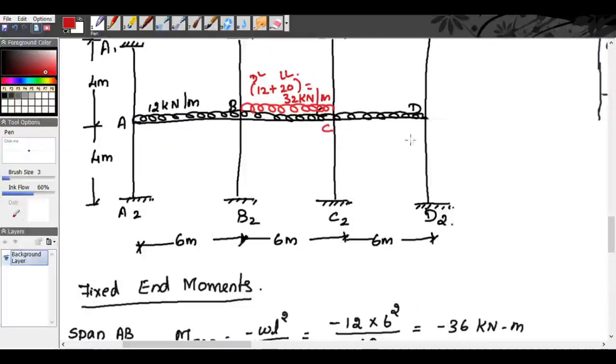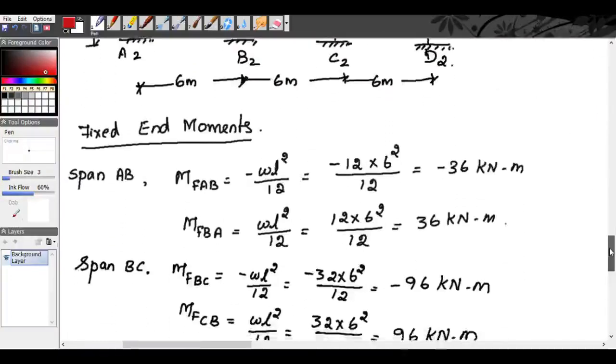AB, BC and CD. We know that for a beam with a fixed support and a UDL, our fixed end moment is equal to plus or minus WL square by 12. First of all we are considering the span AB, which only has dead load of 12 kilonewton per meter.